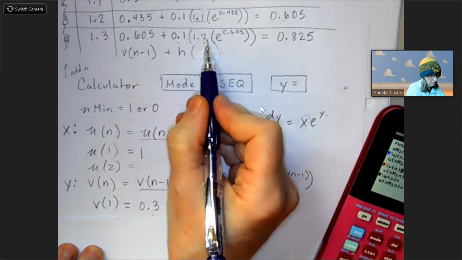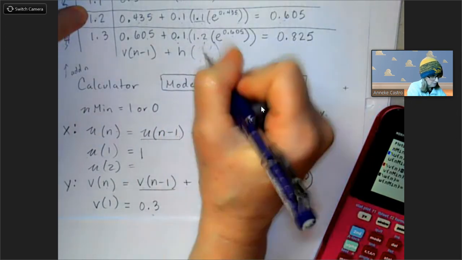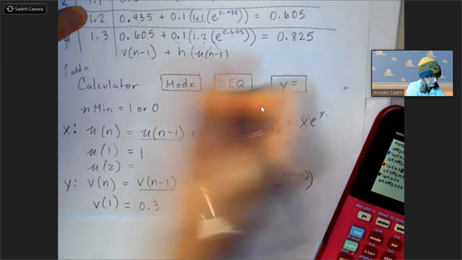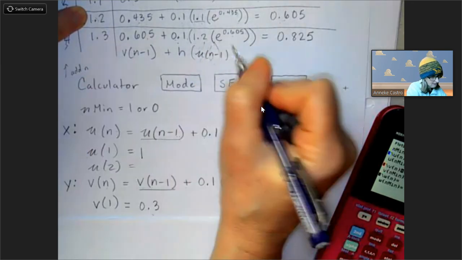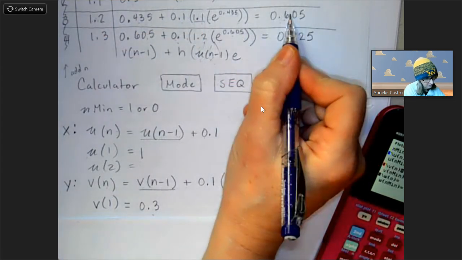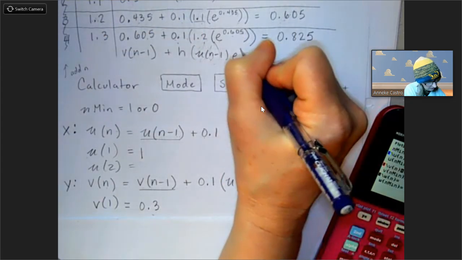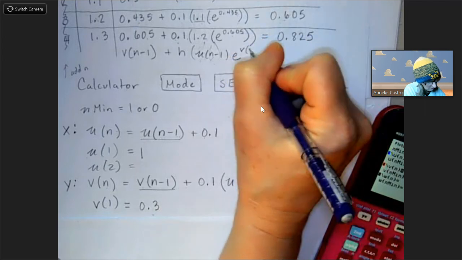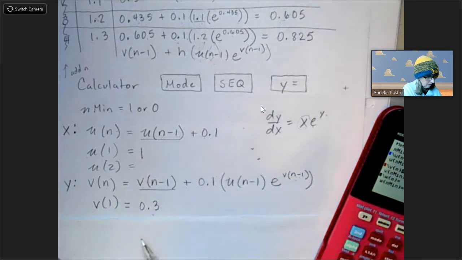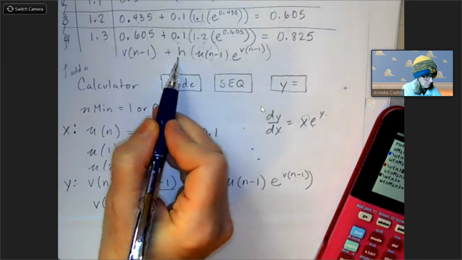The 1.2, that was my x, so that would be u, and it was the previous x. And then it's times e to the power of the previous y. So that's why it's v, because it's y, of n minus 1, because it's the previous y. And there it is. And our h value, of course, for this particular problem was 0.1.